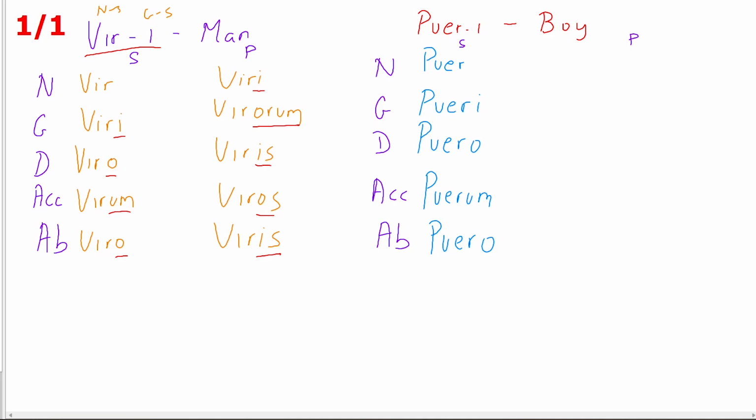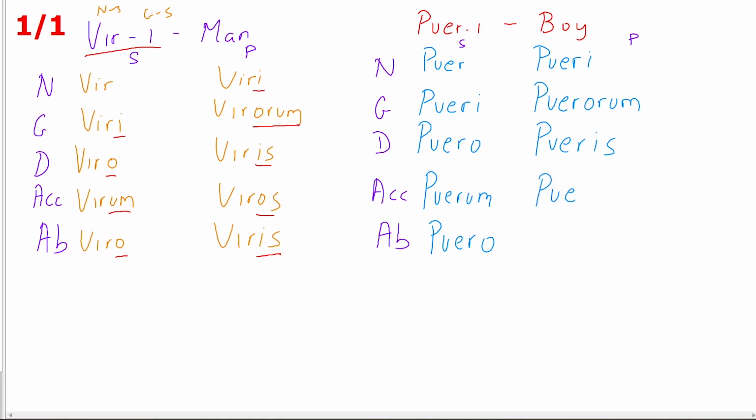Nominative plural would be pueri. Genitive plural, puerorum. Dative plural, pueris.